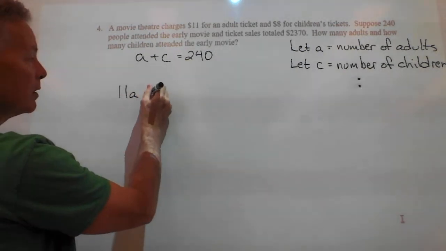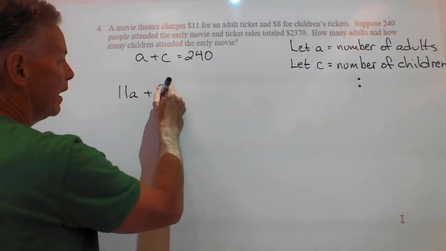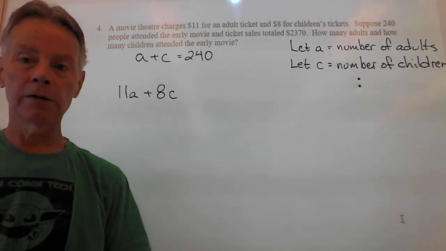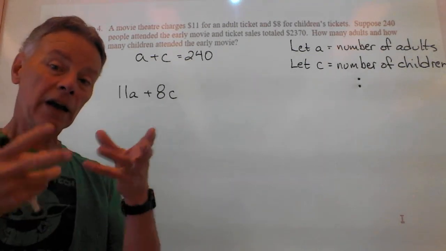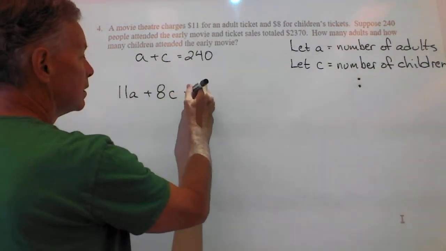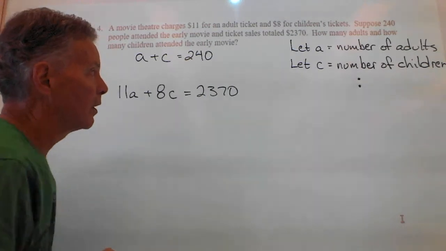Similarly, for children, a children's ticket is $8. So it would be $8 per ticket times the number of children. Altogether, when you add up all that money that you took in, you get a total of $2,370.